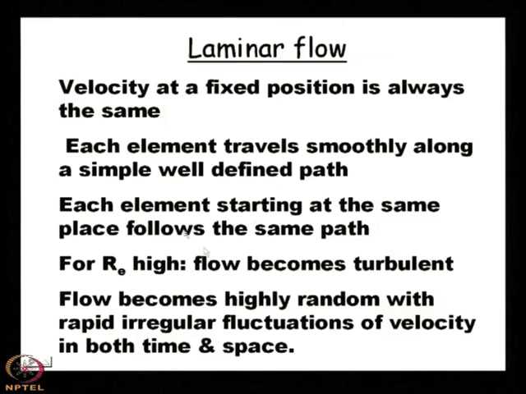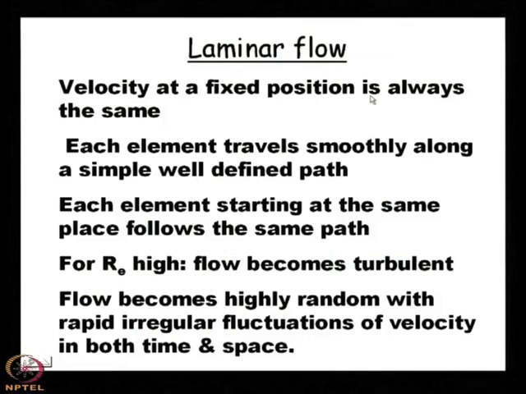Okay. So, now what are the characteristics of laminar flow? The characteristics of laminar flow is that velocity at a fixed position is always the same. Velocity at a fixed position is always the same means, say velocity at x equals to t or x equals to x dash inside the reactor, it is always same throughout the growth.